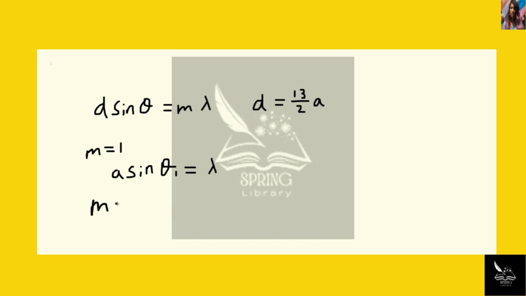Now, how about when m is equal to 2? When m is equal to 2, we have a times the sine of the angle theta 2 is equal to 2 times lambda, because m was equal to 2.